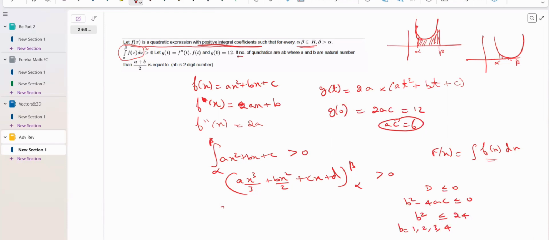We are saying the number of quadratics are a, b. But this is not the b that we are talking about.